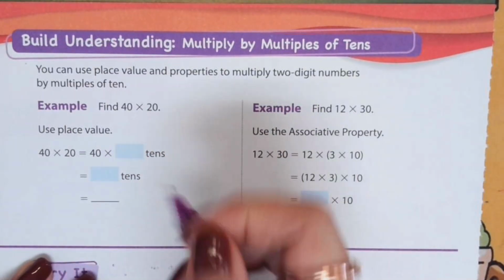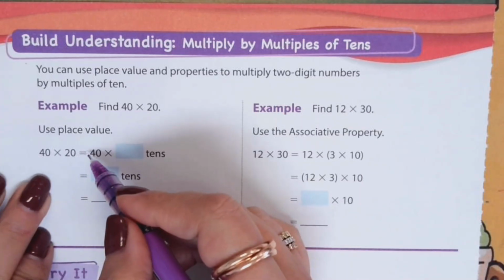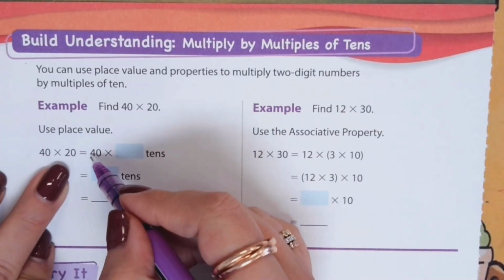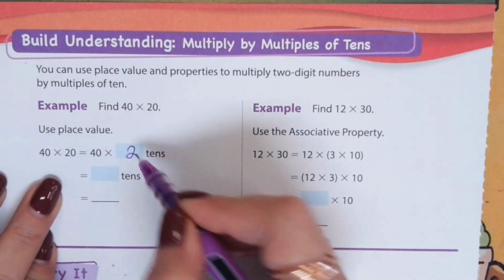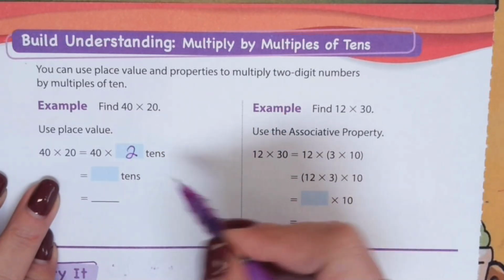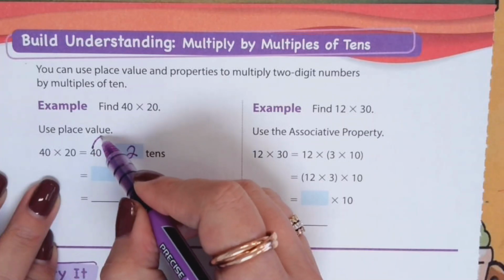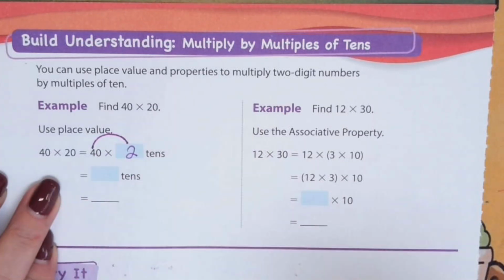Now, 40 times 20 is the same thing as saying 40 times 2 tens, right? So we will multiply those two numbers first. What is 4 times 2? 8.